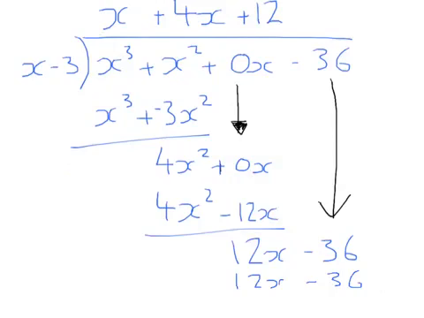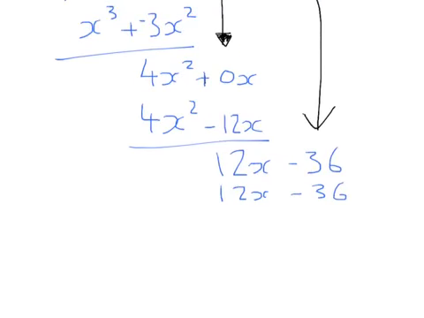Okay, anyway, let's just finish it off then. So what have I got? I'm doing my final subtraction, just seeing if I've got a remainder. 12x take away 12x is nothing. And minus 36 take away minus 36 is also nothing. So I could put in that there's a nothing there if I like, just to show that there's no remainder.